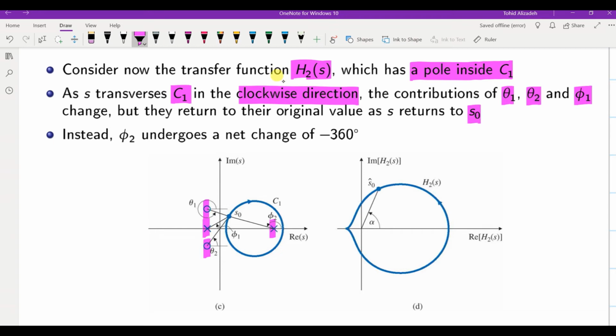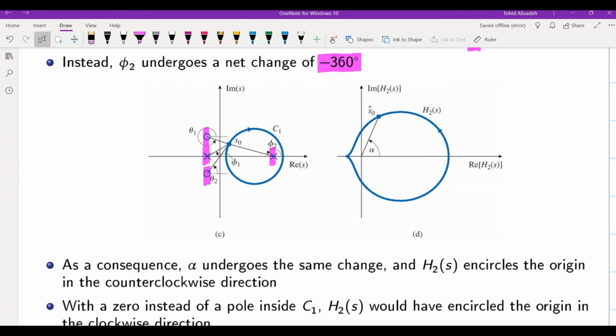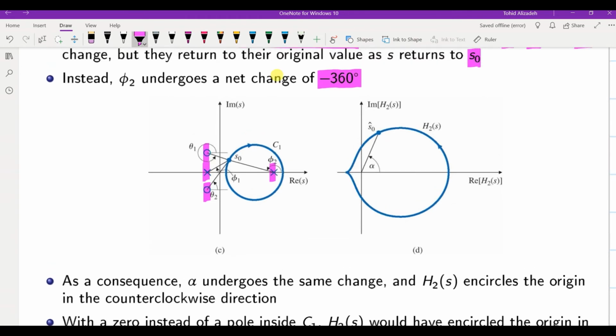On the other hand, for phi 2, which is the angle contribution from the pole inside the contour, phi 2 will undergo a net change of minus 360 degrees as the point S0 traverses C1. As a consequence, the value of alpha will undergo the same change. And it means that the mapping of H2 will encircle the origin in the counterclockwise direction one time.